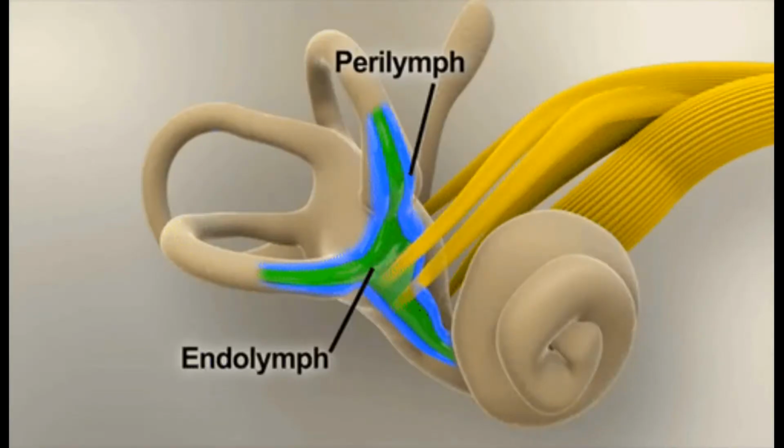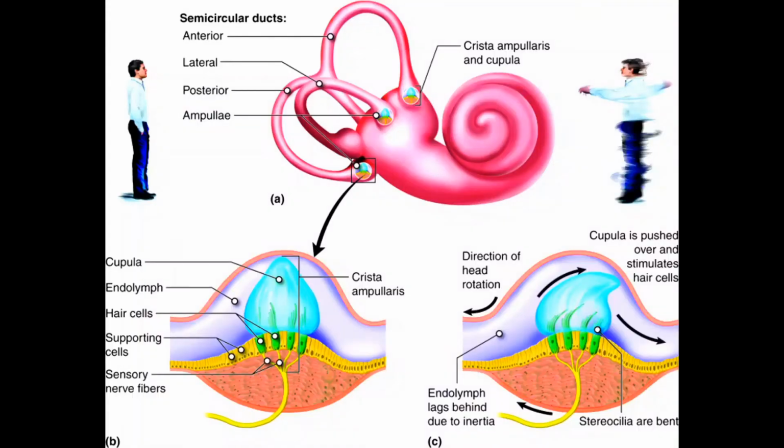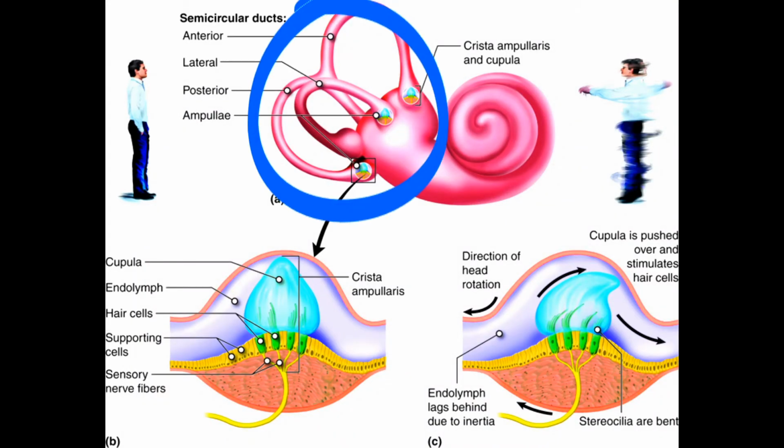Here you can see the two fluids inside the internal ear, which are the perilymph and endolymph. The vestibular apparatus is composed of the vestibule and semicircular canal.